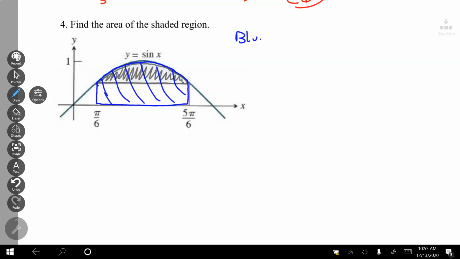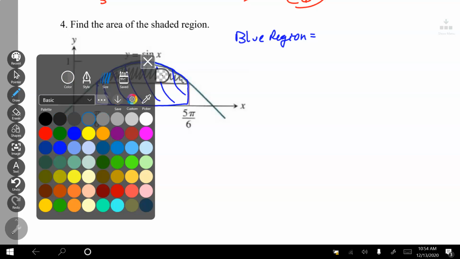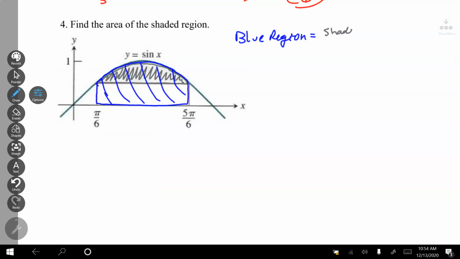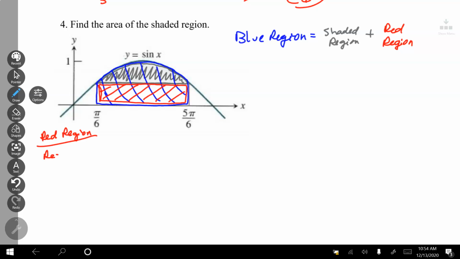So I can say the blue region is equal to the shaded region plus I also have this red rectangle plus this red region. Well, the red region is the easiest one to figure out. That's just a rectangle.